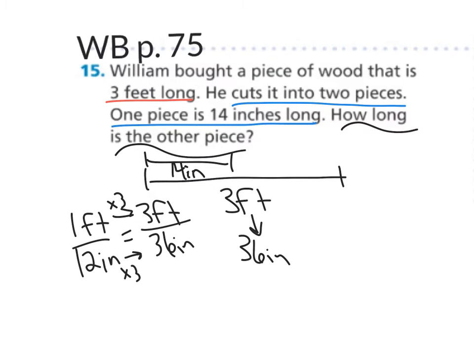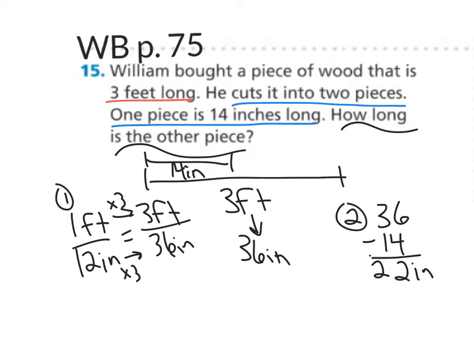So if that's 36 inches altogether, and the piece we cut off is 14 inches, we've got 36 inches total minus the 14 inches for the other piece, which is going to leave us with 22 inches.